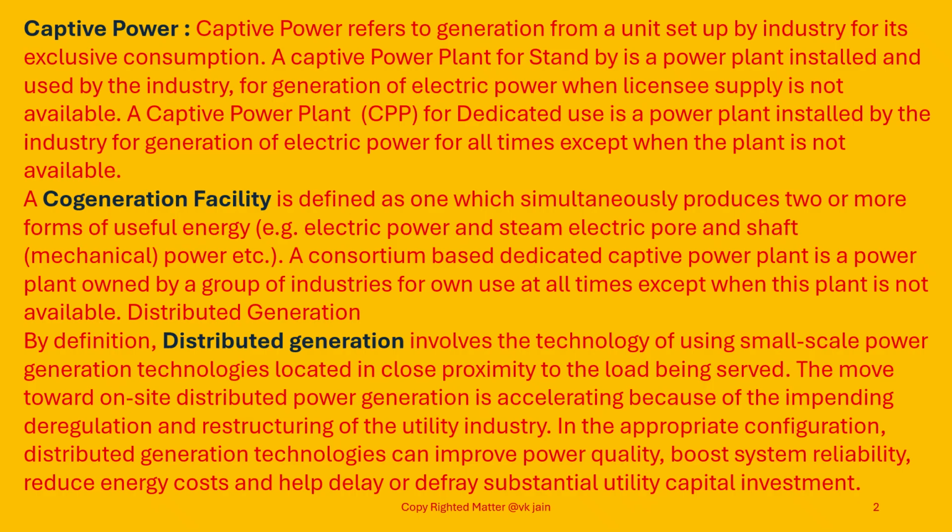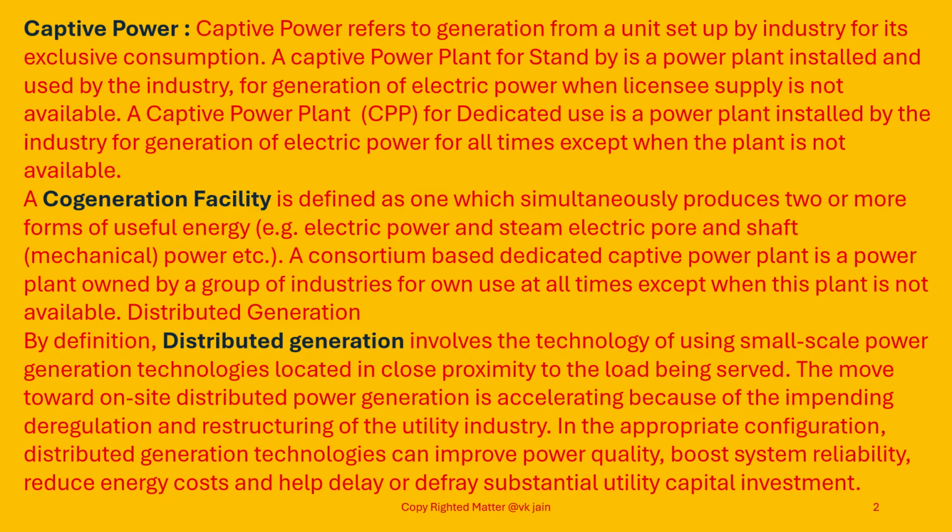A captive power plant for dedicated use is a power plant installed by the industry for generation of electrical power for all times except when the plant is not available. So we'll work on that.